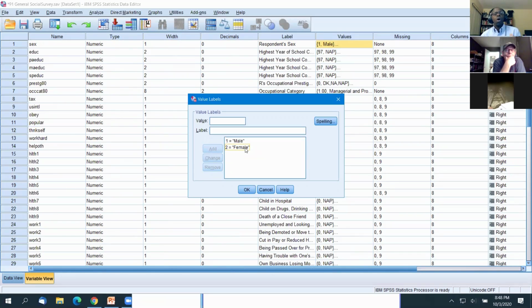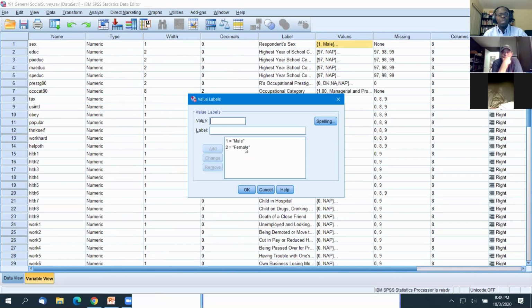Now, these are what we call nominal scaled variables, where the numbers are simply names or labels. Males is currently 1, but it could be 0, it could be 100, it could be 1,000. It doesn't matter because it's just a label. It has no numeric significance except to assign to males.